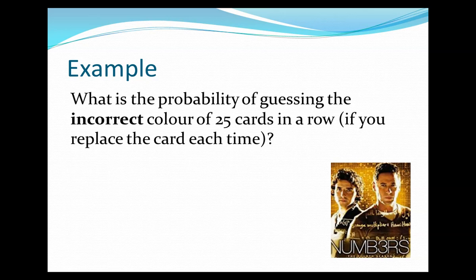Let's do another example. So if you recall the TV show Numbers, maybe you recall it, maybe you don't, but it was a show where a police department has some mathematicians that help consult them and help them solve crimes. In this one episode, they had a guy claiming to be psychic, and they tried to test him.